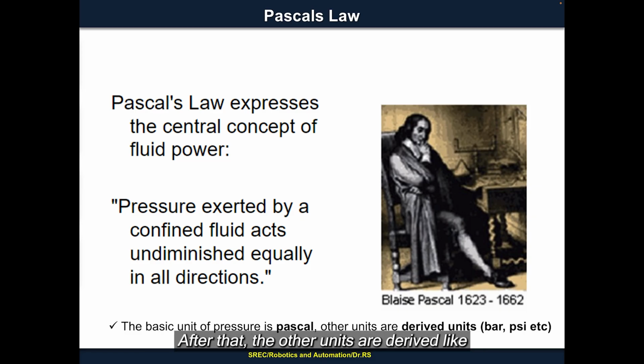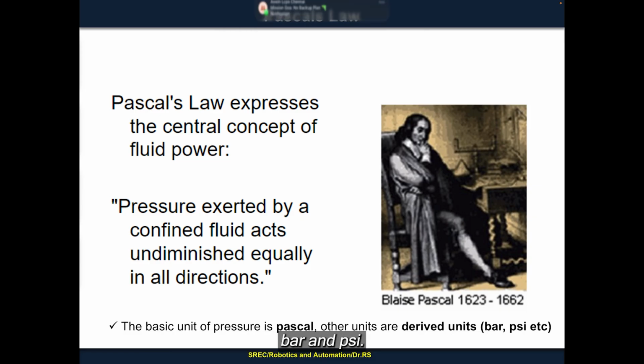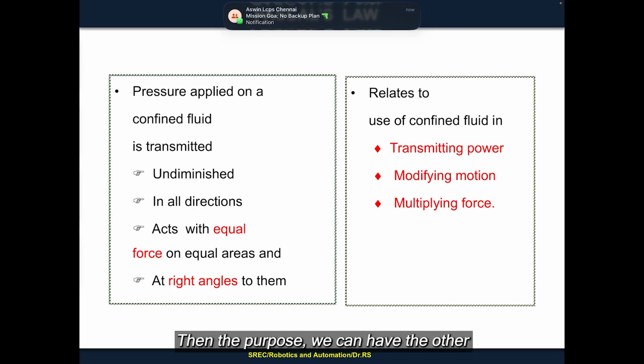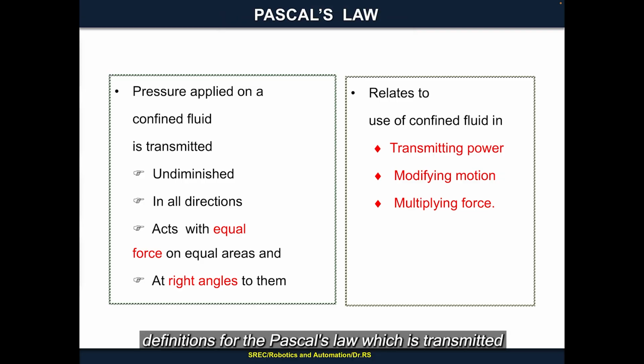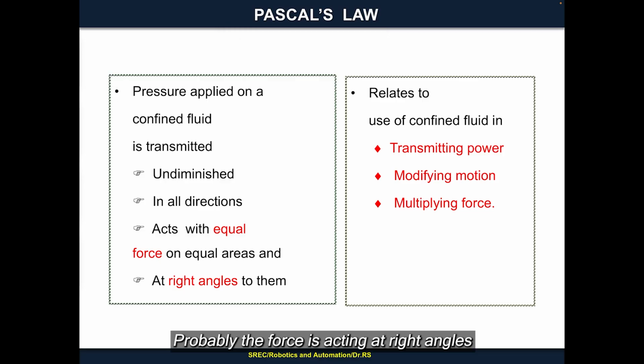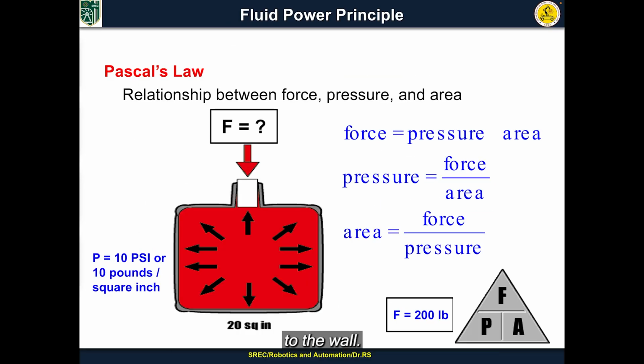After that, the other units are derived, like bar and psi. We can have other definitions for Pascal's law: pressure is transmitted undiminished in all directions, and it acts with equal force on equal areas. The force acts at right angles to the wall.